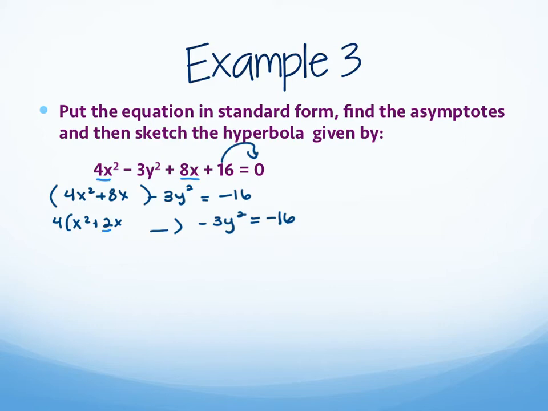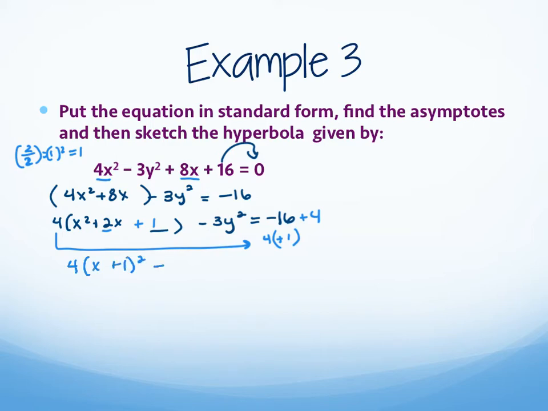Take that 2, divide it by 2, which is 1, and square it, and it's 1. Add that in here. Before I add it over here, I have to multiply it times the 4. So I get 4 times x plus 1 squared minus 3y squared equals negative 16 plus 4 is negative 12.